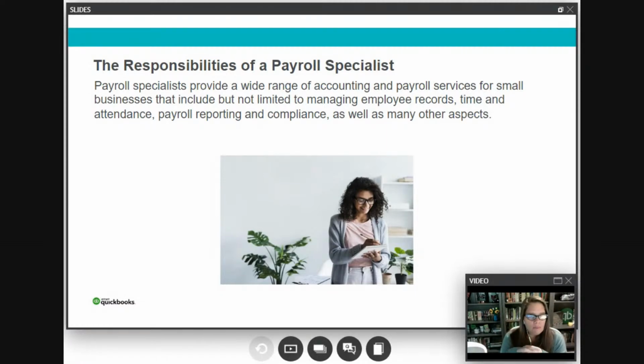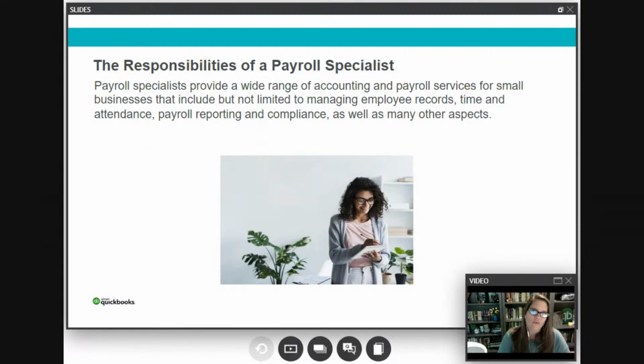So some of the responsibilities of a payroll specialist, I mentioned this before, they're going to be collecting timesheet information, payroll information, the new payroll documentation that is necessary. It may be actually entering the data into the payroll software, calculating the wages, benefits, tax deductions, commissions, things like that.